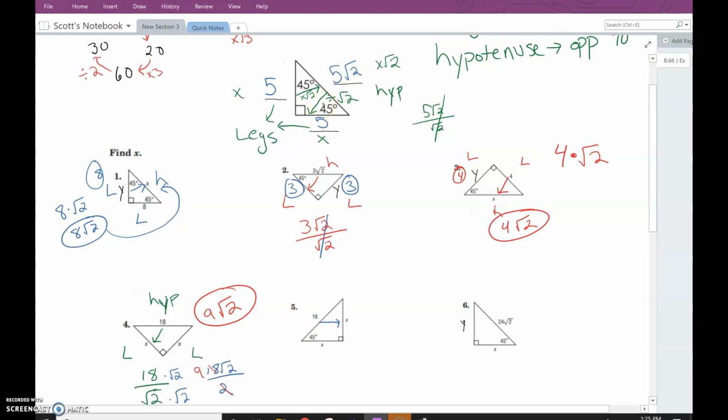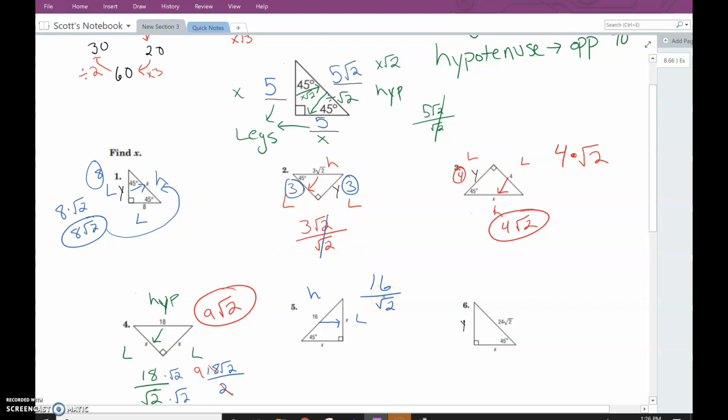Where is your location? If this is a hypotenuse going to a leg, okay? You have to look back up here. Well, this tells me it's getting smaller, so I have to divide it by the square root of 2, no matter what it is. 16 divided by the square root of 2. Sometimes it will cancel out easily, just like this one up here for number 2.